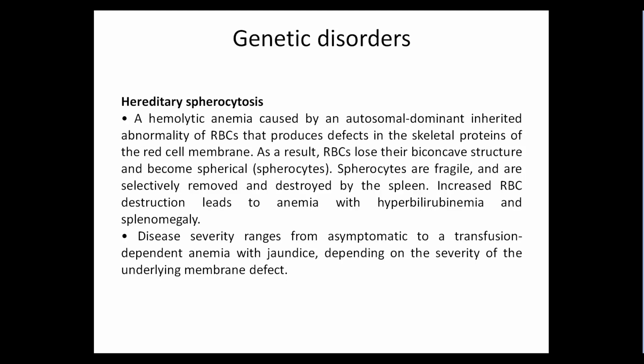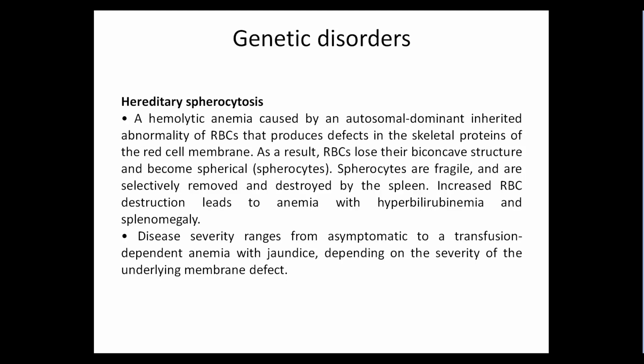Hereditary spherocytosis, a hemolytic anemia caused by an autosomal dominant inherited abnormality of red blood cells that produces defects in the skeletal proteins of the red cell's membrane. As a result, red blood cells lose their biconcave structure and become spherocytes.